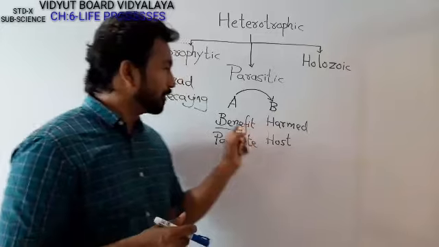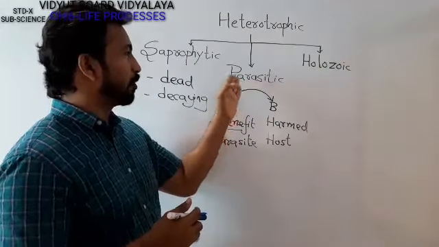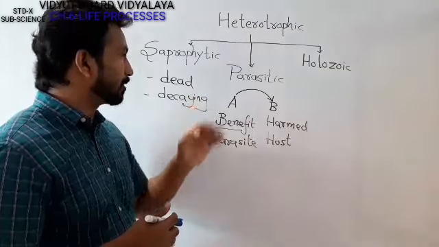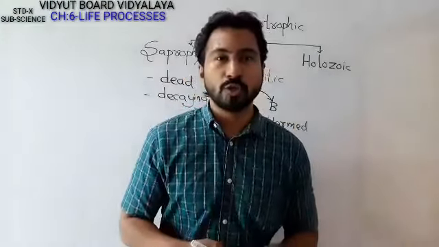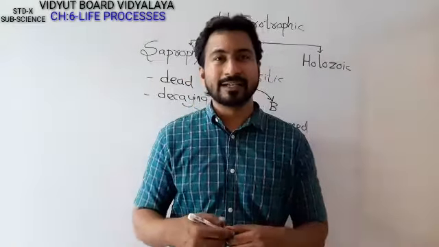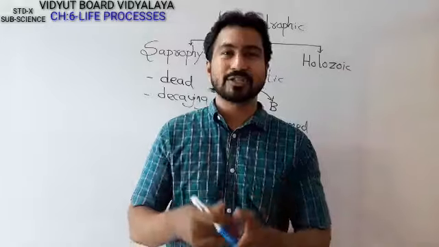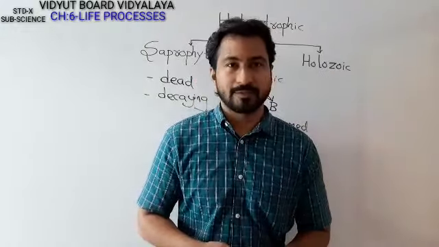We don't harm the organism, just as in case of the parasites or the dead or the decaying one. We belong to the category of holozoic, where the food is taken as a whole and then it is properly churned and digested inside the body of the organisms.